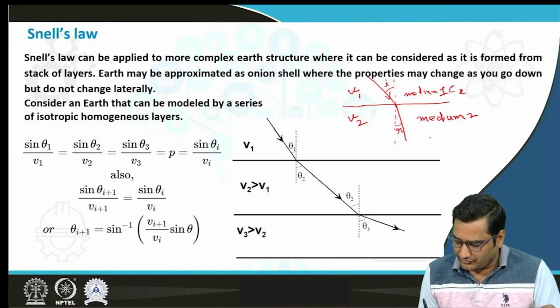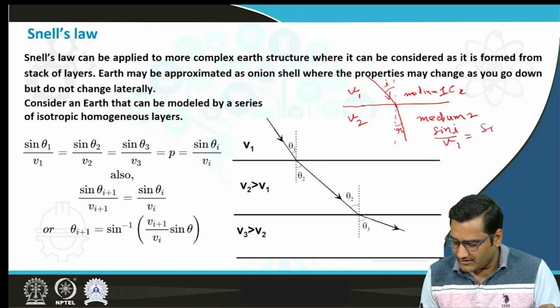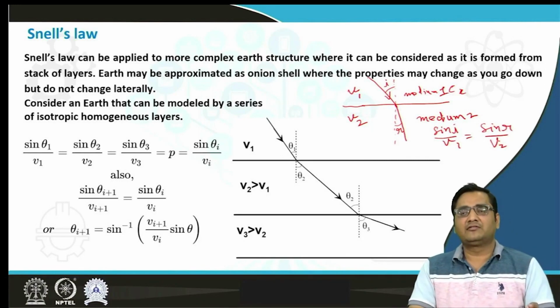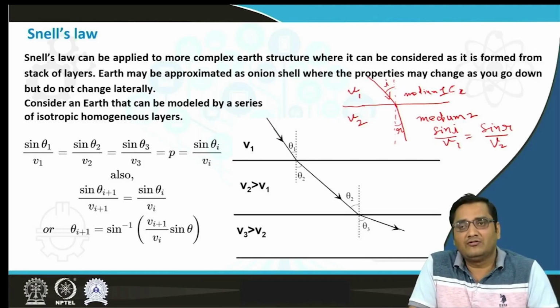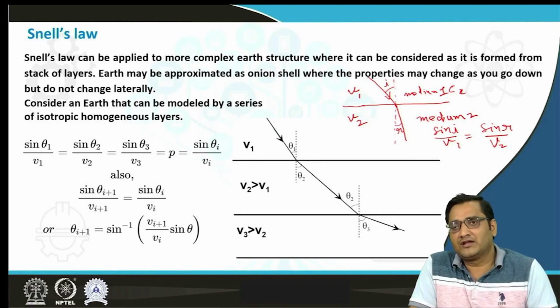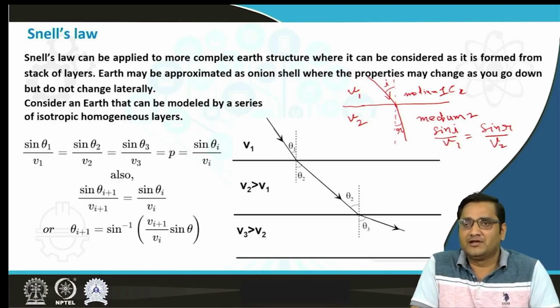When we do so, we get sin I by V1 equal to sin R by V2, and this is nothing but the ray parameter of the wave. We also discussed that the ray parameter along the entire path of the ray is equal, and at each point it will remain constant.